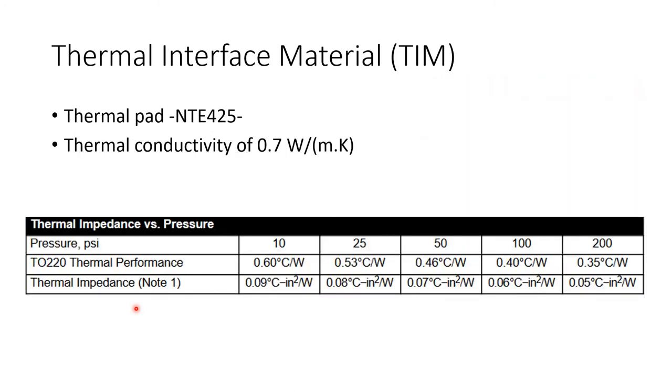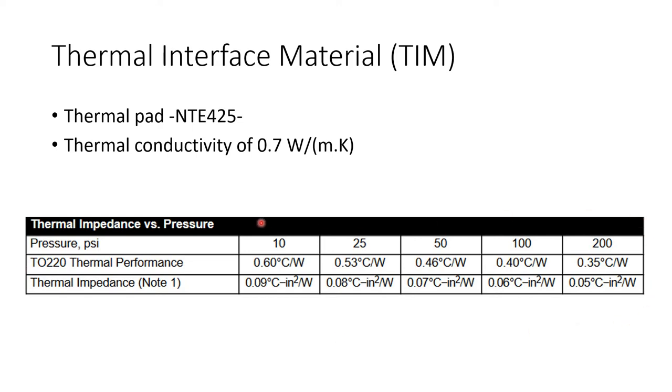For our case, I have chosen a TIM, a thermal pad, which has a part number as such, and it has a thermal conductivity of 0.7 watts per meter Kelvin. In the datasheet of the thermal pad, a table is given.